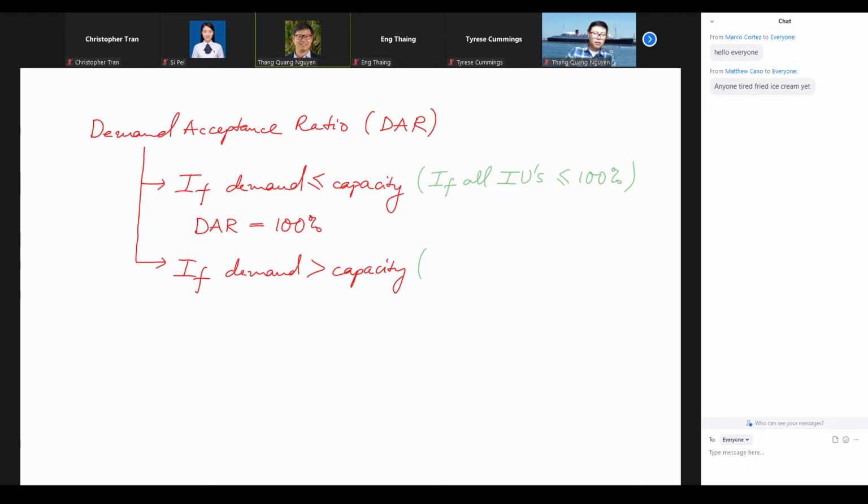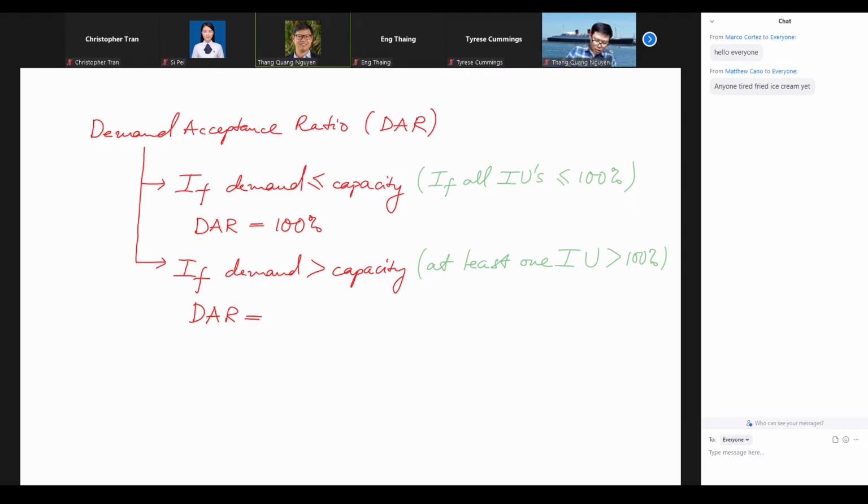Then at least one IU is greater than 100%. And that's what we have in our current example, right? Resource number 3, the IU exceeds 100%, which means that demand for this resource exceeds its capacity. Think about that as a bottleneck. So the demand is more than the bottleneck can handle, and we cannot accept all of the demand. We can only accept part of the original demand.